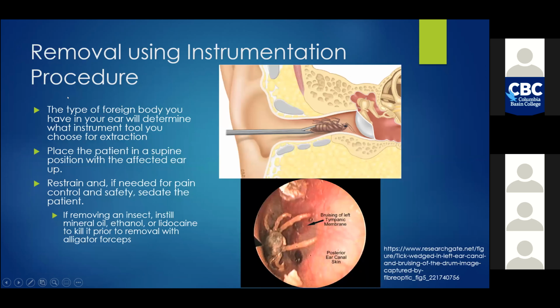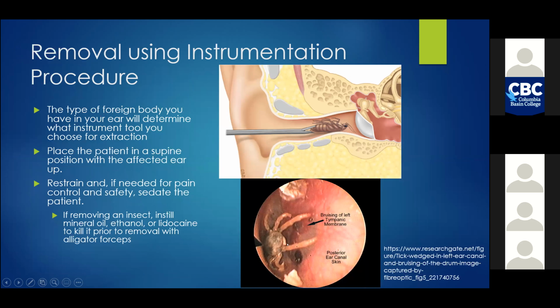So here, using instrumentation, this procedure, you're going to place the patient either supine with the affected ear up, restrain if needed, control pain, safety, sedate if necessary. And here is a picture of them using those alligator forceps to remove a little bug in there.